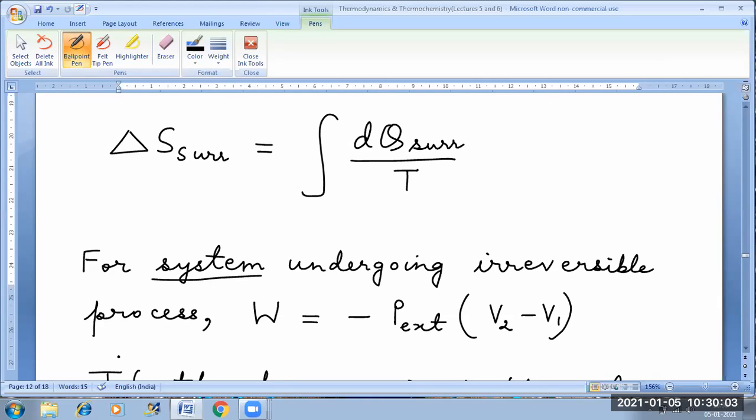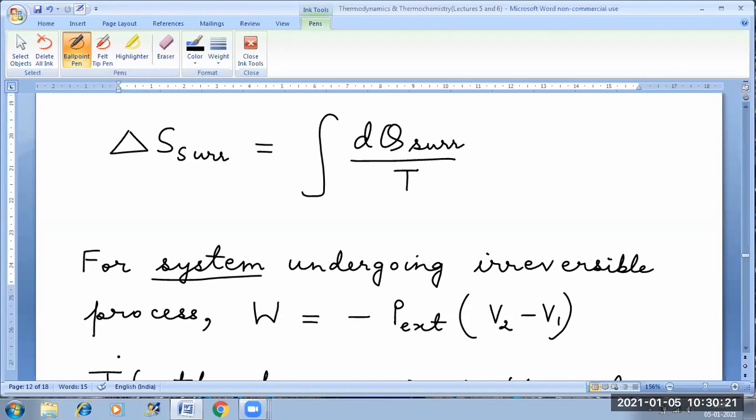You take the actual value of Q. So if the process is actually irreversible, like we have taken here, then the Q will also be taken for the actually irreversible process. So the Q for the surroundings will be the actual heat which is gained or lost by the surroundings in the irreversible process.